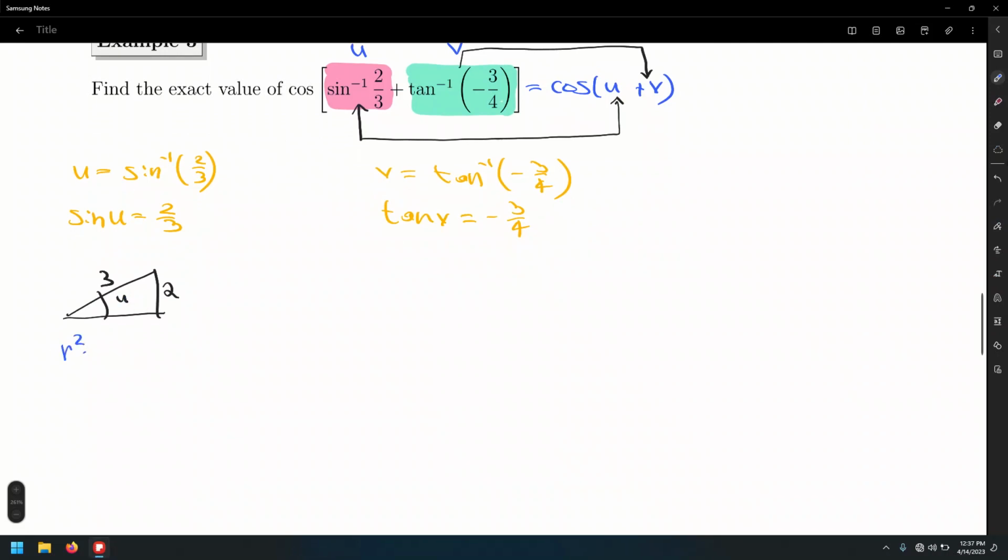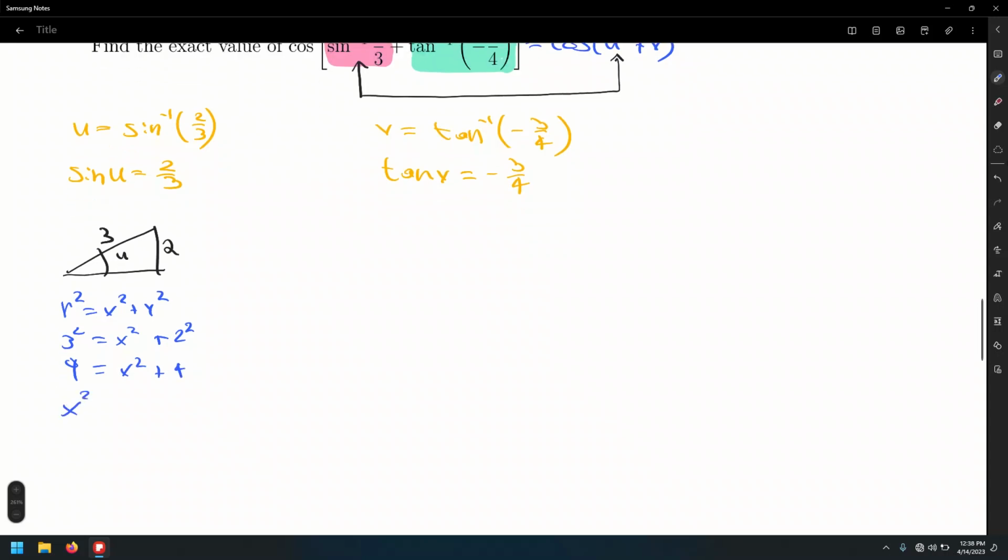So that's r squared equals x squared plus y squared. That's 3 squared equals x squared plus 2 squared. That's 9 equals x squared plus 4, and x squared equals 9 minus 4, which is 5. That's x equals plus or minus the square root of 5, and we can go either way. I mean, we can go with the positive because of the orientation of the triangle that we did.